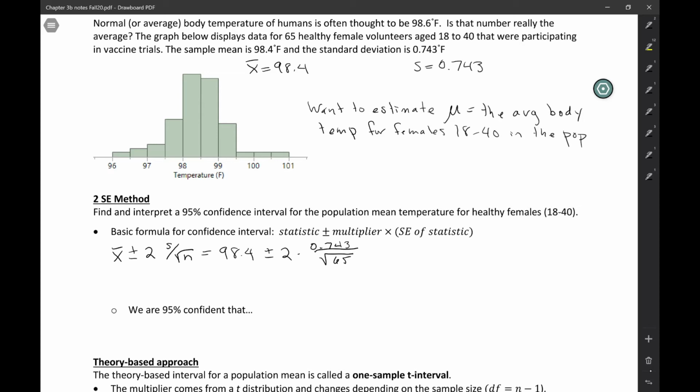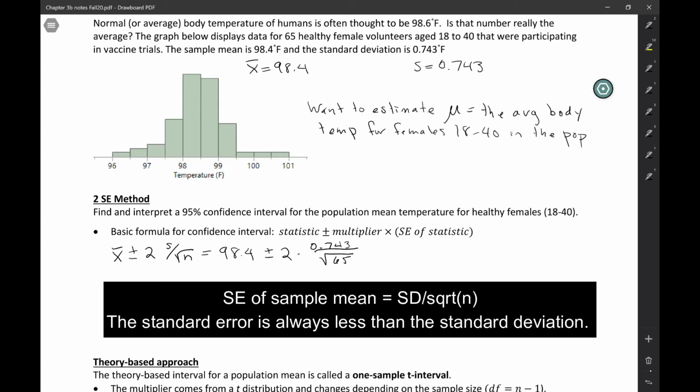Things tend to balance out with averages, and so the sample means are much less variable than the sample itself. So you can see based on the formula that the standard error is always less than the standard deviation.